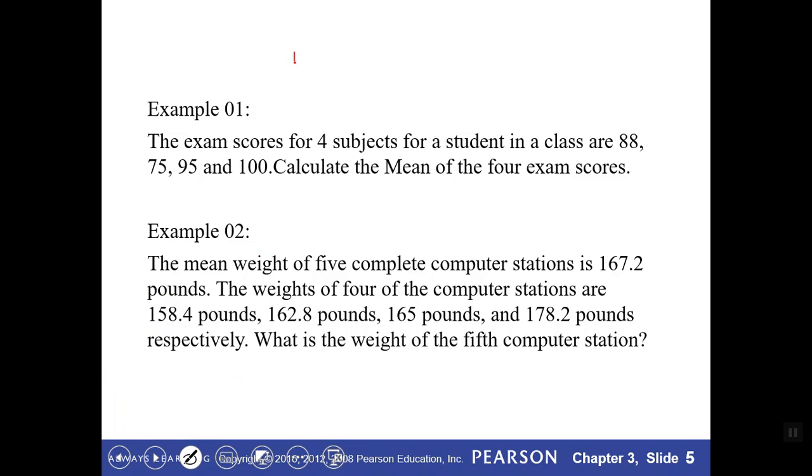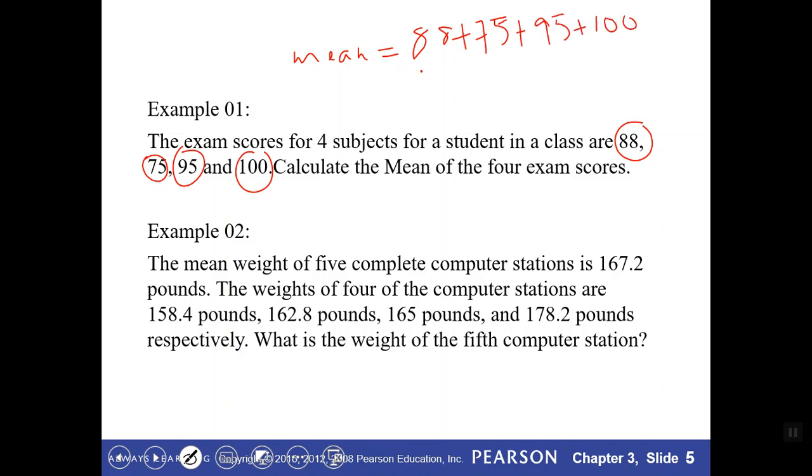Mean is equal to the sum of all the observations. So these are my observations. So sum 88 plus 75 plus 95 plus 100, divided by the number of instances.